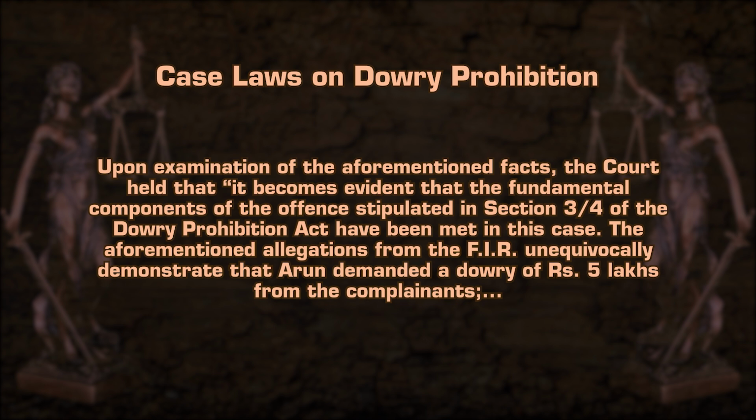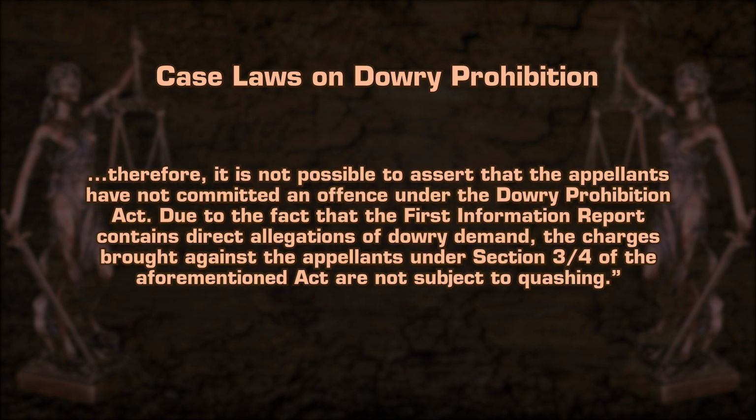The aforementioned allegations from the FIR unequivocally demonstrate that Arun demanded a dowry of rupees 5 lakh from the complainants. Therefore, it is not possible to assert that the appellants have not committed an offence under the Dowry Prohibition Act. Due to the fact that the first information report contains a direct allegation of dowry demand, the charges brought against the appellants under Sections 3 and 4 of the aforementioned Act are not subject to question.